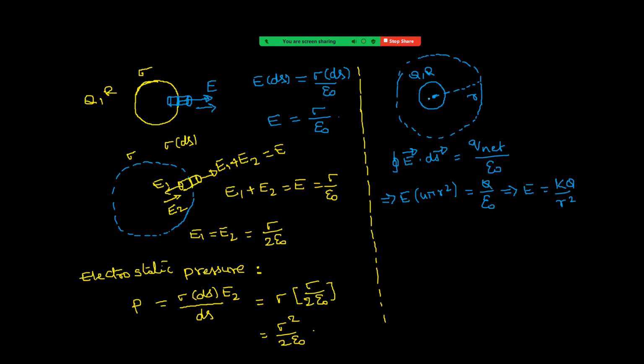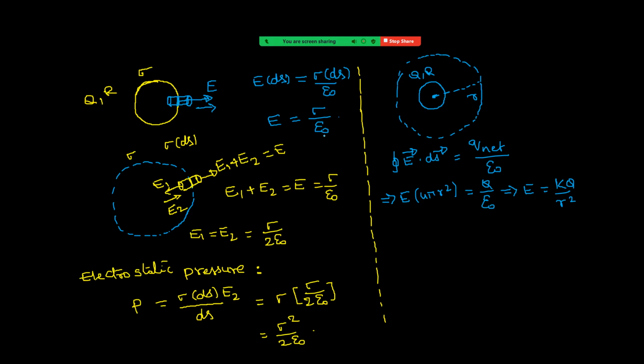That means when you are taking the field due to a spherical shell outside, we can assume the entire charge at its center. It is just like the field due to a point charge. We got the same relation here.